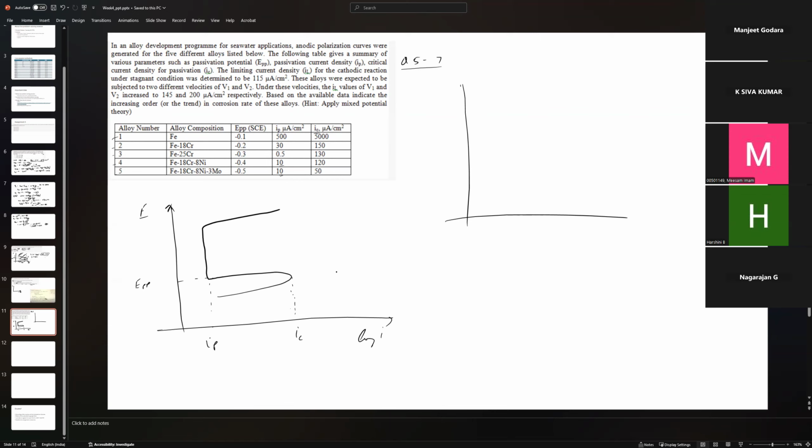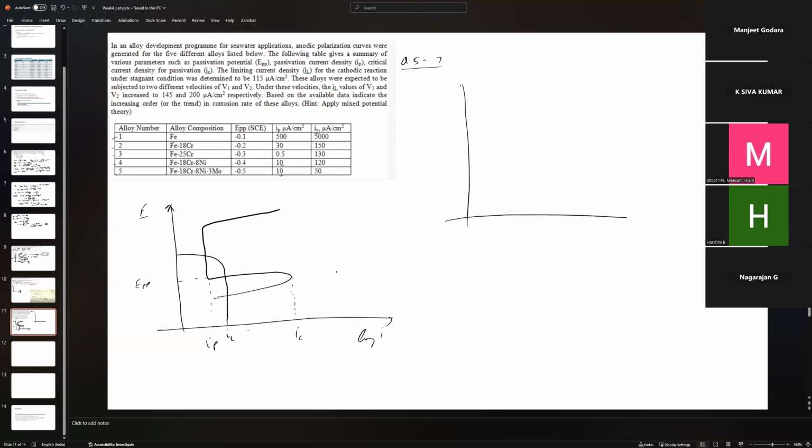Since it's talking about flow, we are assuming it is a diffusion limited reaction, so this IL, after a point, doesn't change. And now we just have to determine whether these metals are passivating or not.